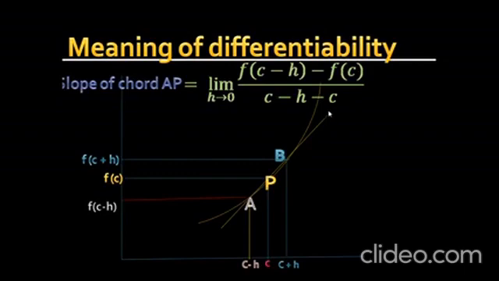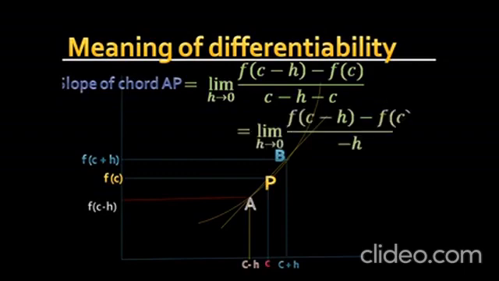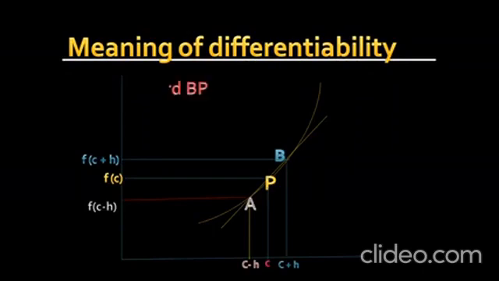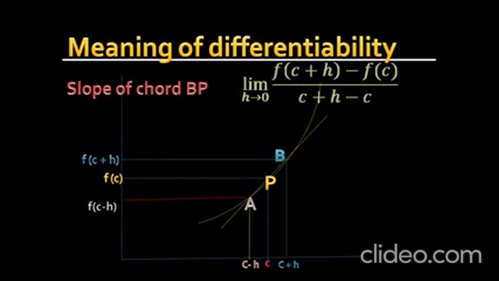After writing it, we have to find the slope of the chord BP, and then we can easily get it. The slope of the chord BP is equal to the limit as h tends to 0 of [f(c plus h) minus f(c)] upon [c plus h minus c], because the point B approaches the point P. So c plus h becomes c, approaching towards c.